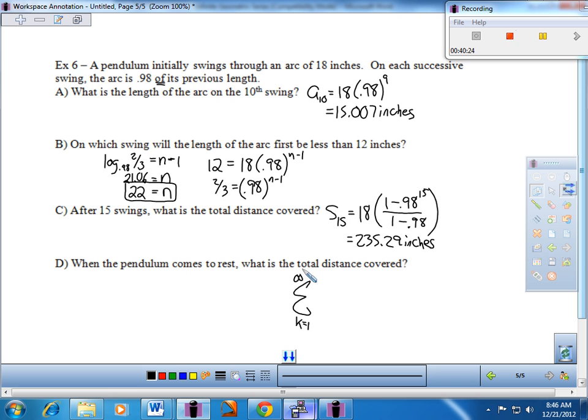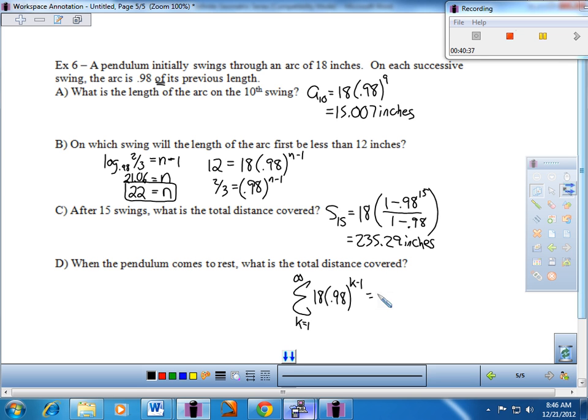Starting at 18, each successive swing is 0.98 of the previous one, for an infinite number of swings. It's just going to keep going and going, getting infinitely close to the rest position. So what would be the total distance covered, meaning I would add all those values together?